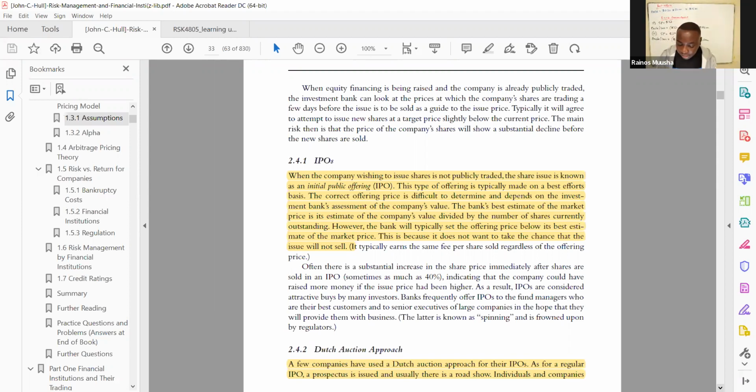The bank's best estimate of the market price is its estimate of the company's value divided by the number of shares currently outstanding. However, the bank would typically set the offering price below its best estimate of the market price. This is because it does not want to take the chance that the issue will not sell.